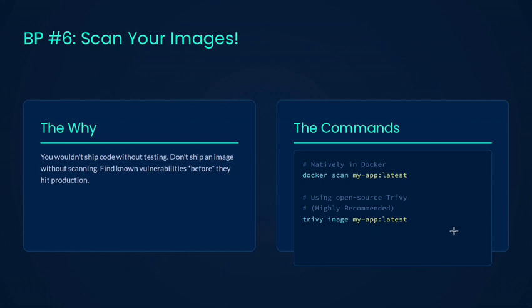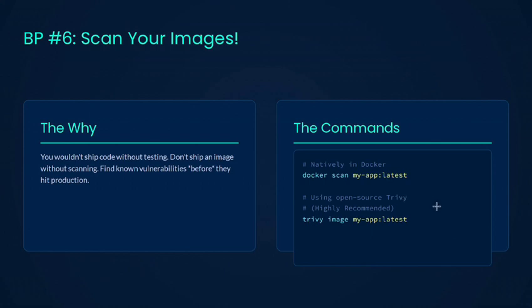Scan your images. Finally, you are not done until you scan. You wouldn't ship code without running tests, so don't ship an image without a vulnerability scan. It's built right into Docker: docker scan my-app:latest.